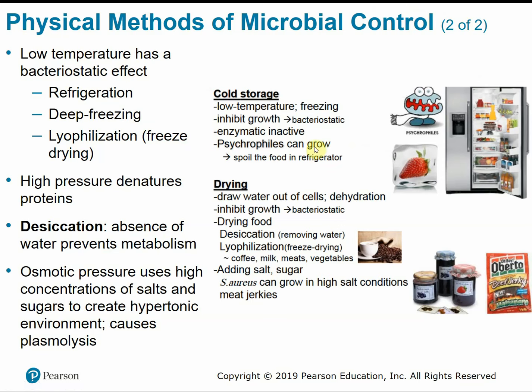Even though we put our food in the refrigerator, it still will go bad in a few days. It's not going to last indefinitely in the fridge because of those psychrophiles, or psychobacteria, that like to live in those cold conditions. And again, it's primarily bacteriostatic because if we take the food out of the fridge and it's left at room temperature, those bacteria will start to multiply again.